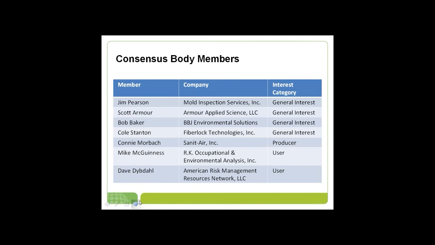The chairman of the S520 Consensus Body, Jim Pearson, representing Mold Inspection Services. Our vice chairman, Scott Armour, representing Armour Applied Science.